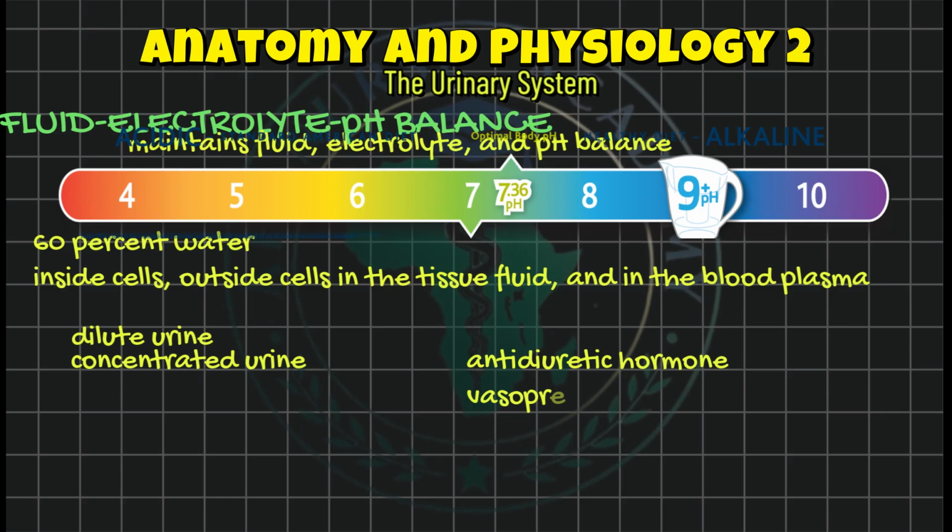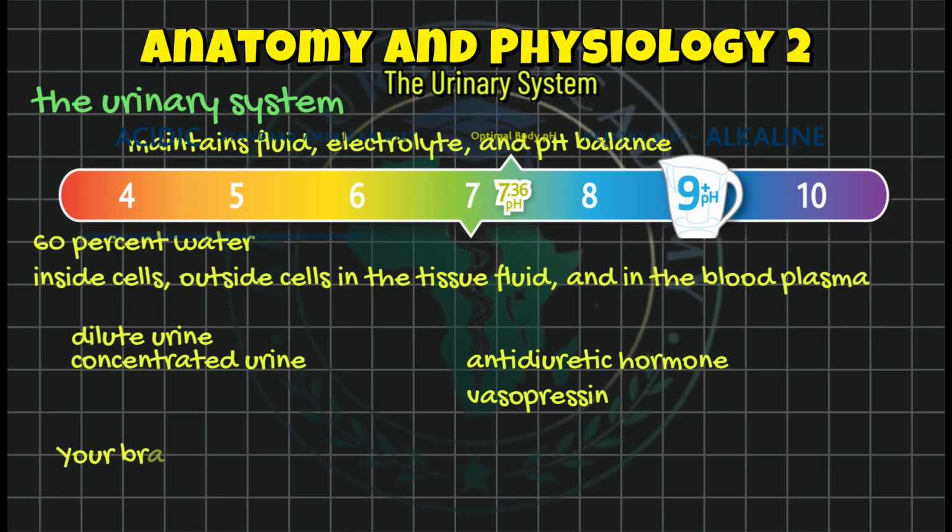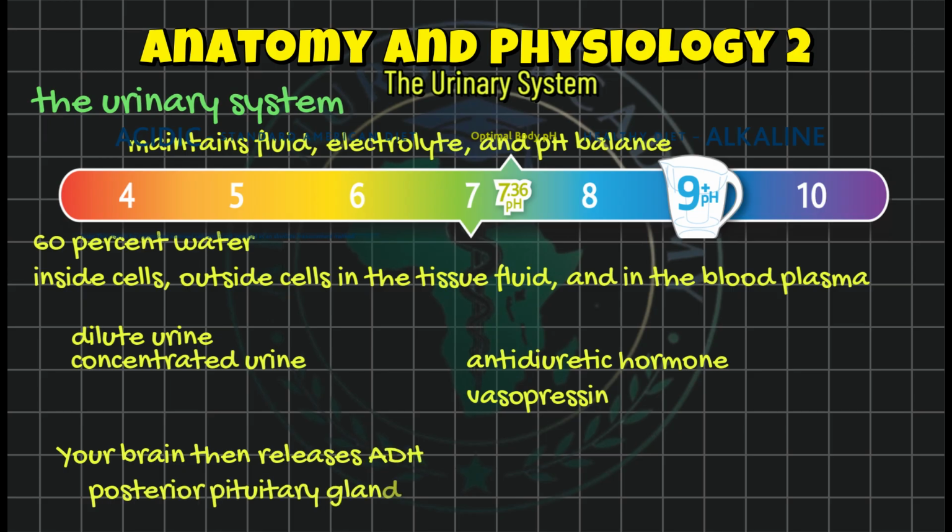When your blood becomes too concentrated, meaning you're dehydrated, special sensors in your brain detect this. Your brain then releases ADH from the posterior pituitary gland. ADH travels through the blood to the kidneys, where it makes the collecting ducts more permeable to water. This means more water gets reabsorbed back into the blood and you produce a small amount of concentrated urine.